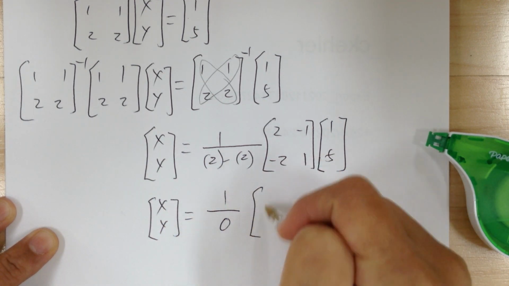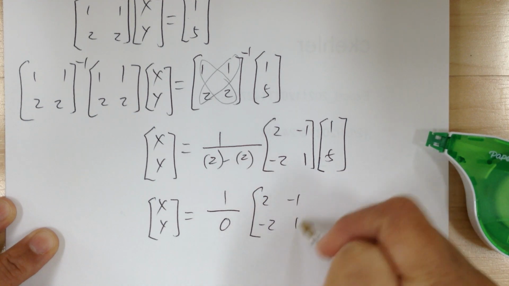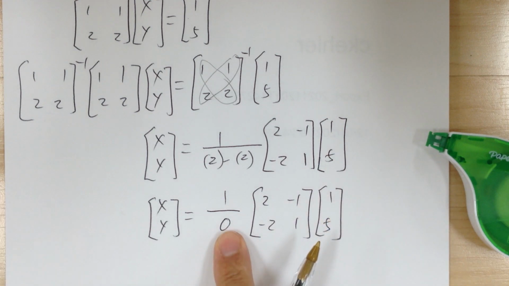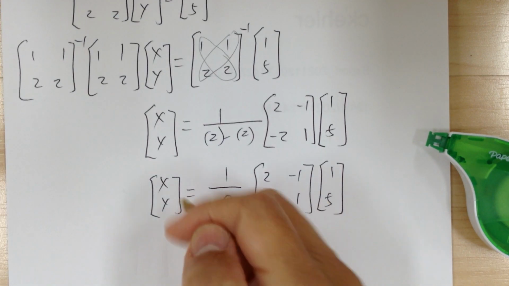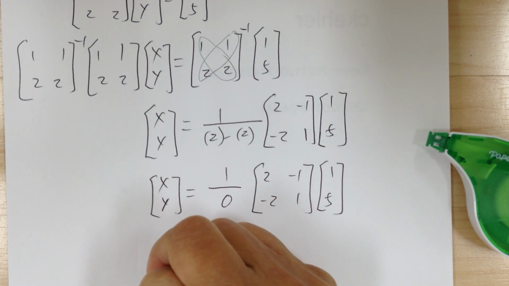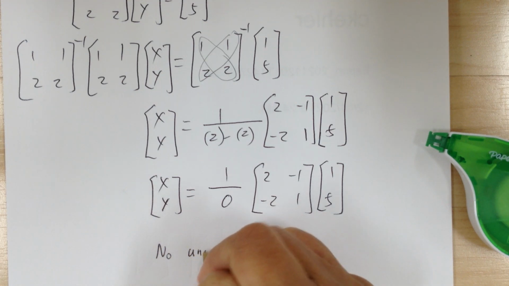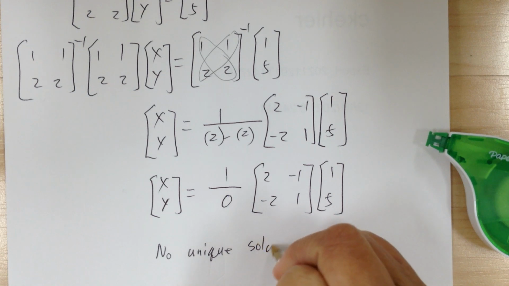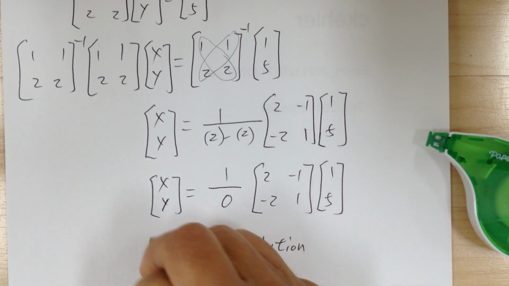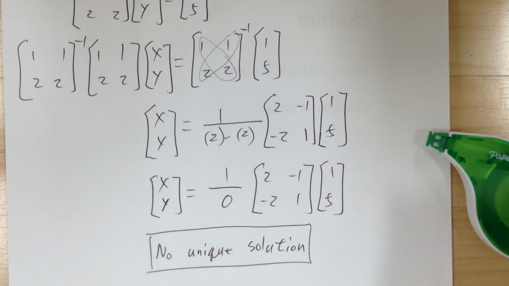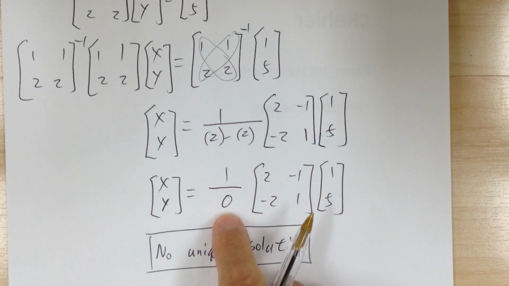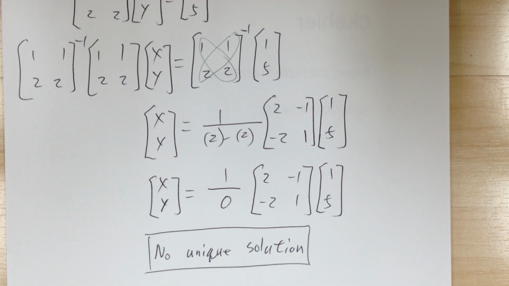So now we have a problem, because you cannot have 1 over 0. When you have this case, you don't really have a unique solution. So the answer would be no unique solution, because it just cannot be done. You have 1 over 0. If you try it on a calculator, it will give you an error.